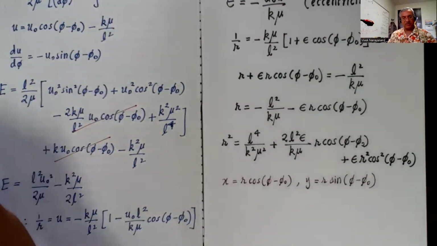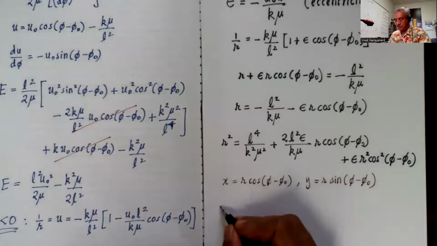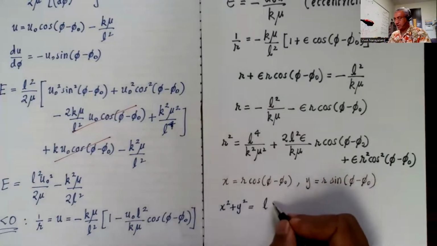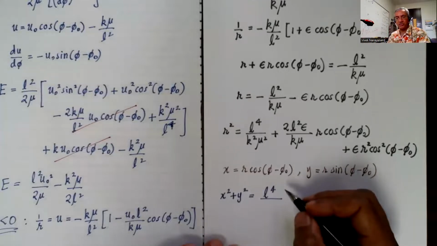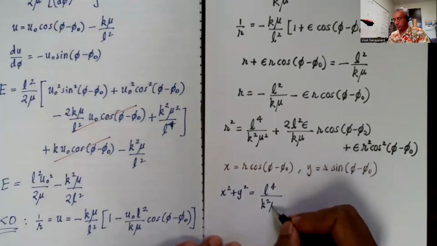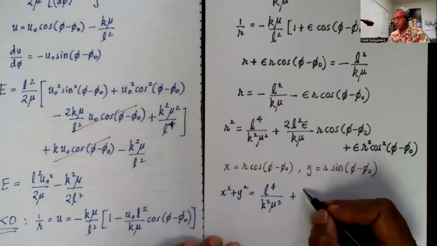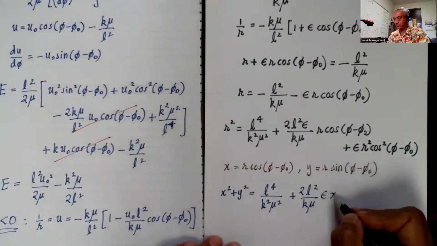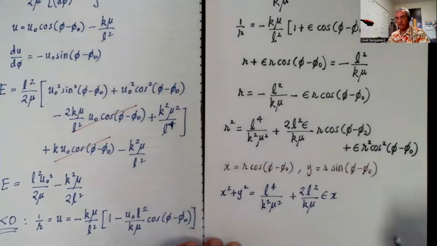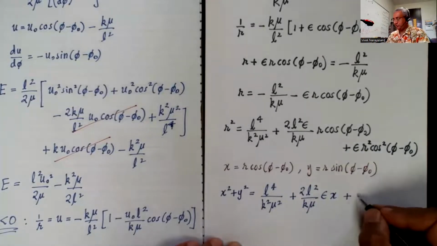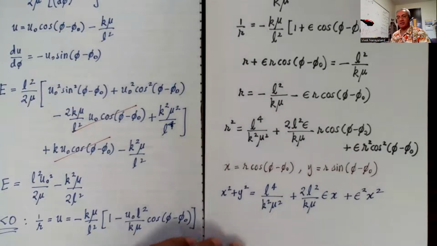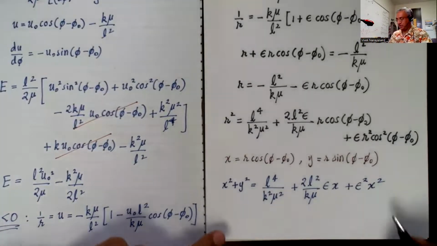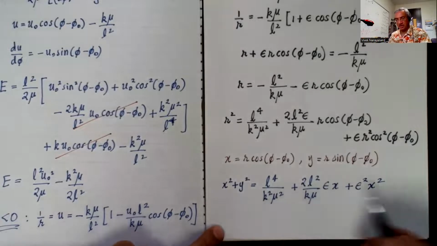So my equation looks like x squared plus y squared equals L to the 4 over k squared mu squared plus 2L squared over k mu epsilon x, because r cosine theta is x, plus epsilon squared x squared. Still doesn't look totally convincing to me as an ellipse, so I'll take this epsilon squared x squared to the left side.